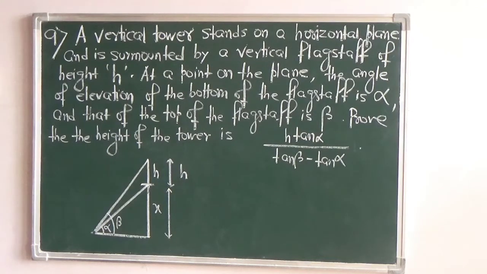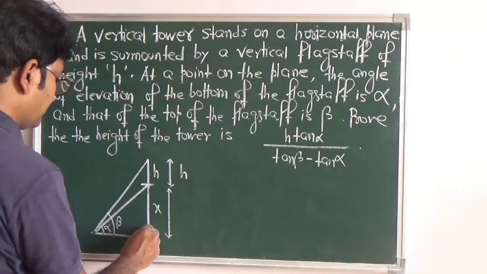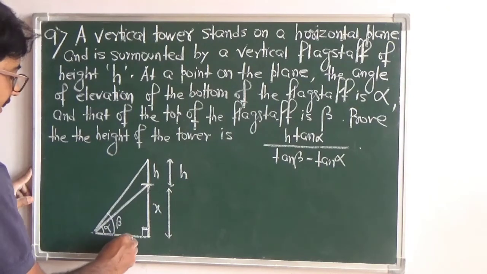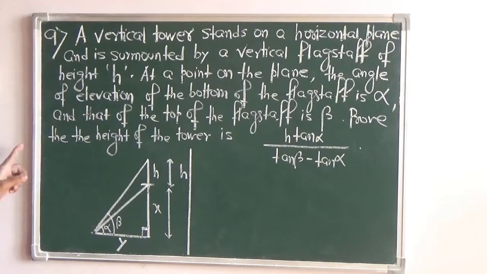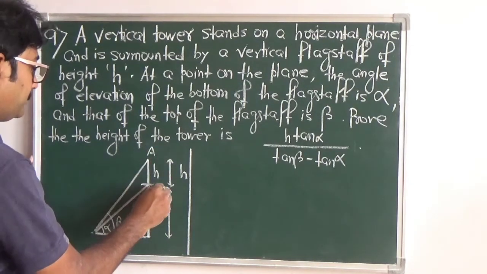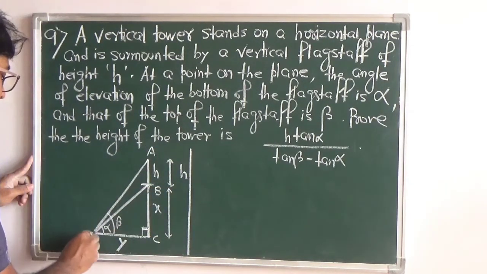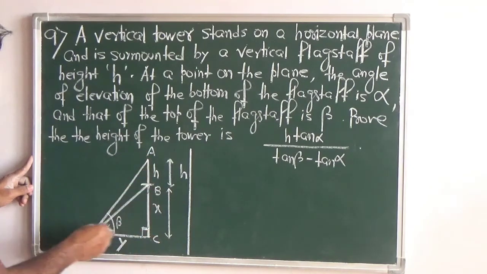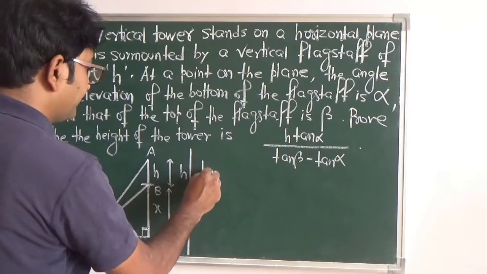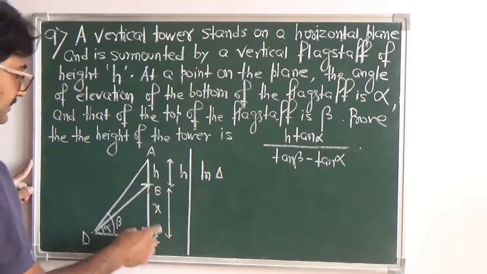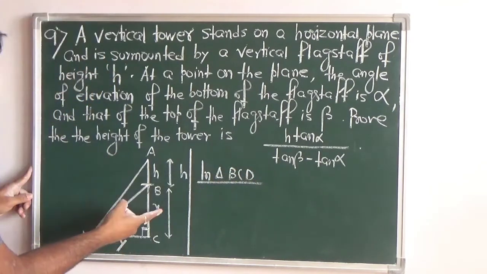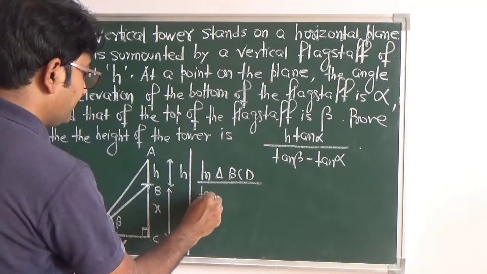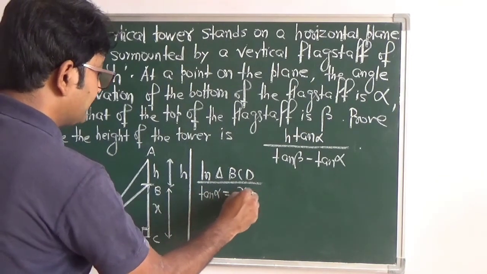So again, let us take this as y. Supposing we have two right angle triangles, with points A, B, C and D: triangle ACD and triangle BCD. So start with the first one. In triangle BCD, this is perpendicular, this is base. So tan of alpha equals x by y.